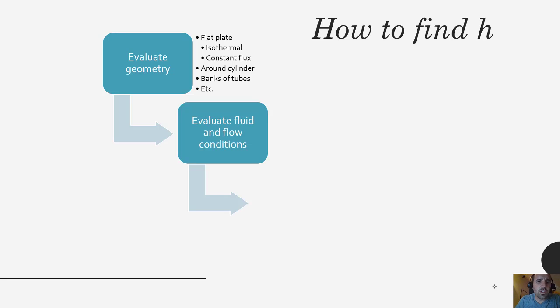Then we want to evaluate the fluid flow conditions, so things like the Reynolds number. Hopefully you're familiar with the Reynolds number from your fluid dynamics classes. The Reynolds number is a dimensionless number that helps describe flow, so that can tell us if the flow is laminar or turbulent, for example.